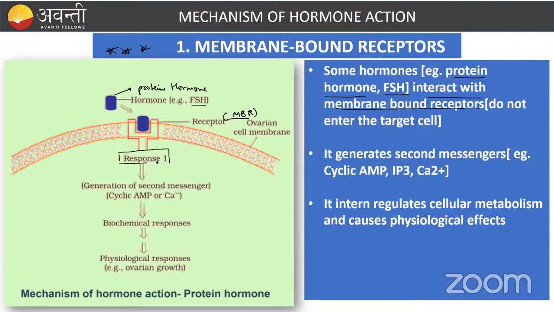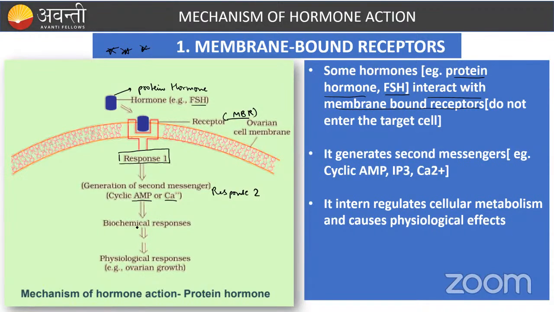So that is response number 1. This response is carried forward and leads to the generation of a secondary messenger, which can either be cyclic AMP or calcium. So this is response number 2.